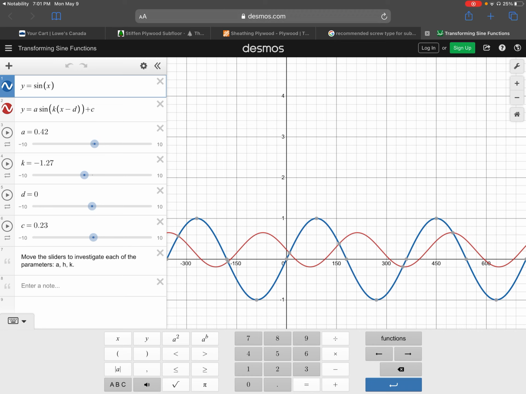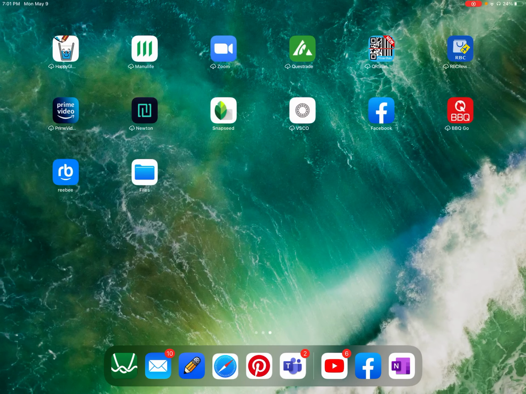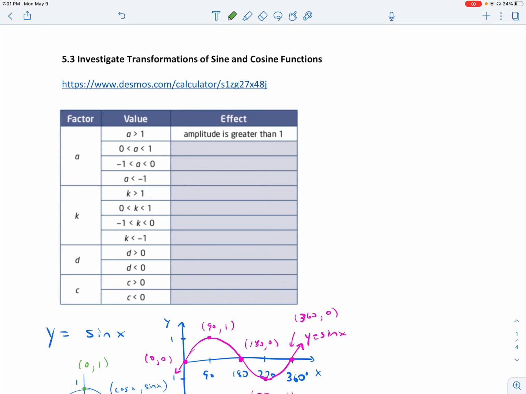You can see that. Underneath it, I have a red graph, and notice the way how this looks. It says y equals a times sine k x minus d plus c. What we've done is we've incorporated all the transformations that can be done to sine x. Let's just go back here for a second.